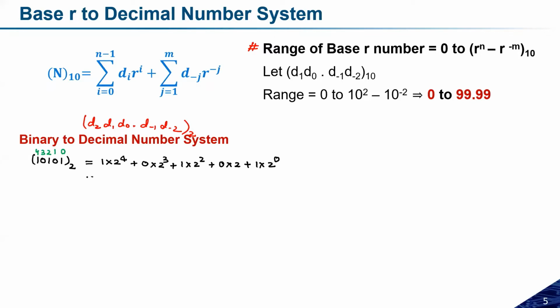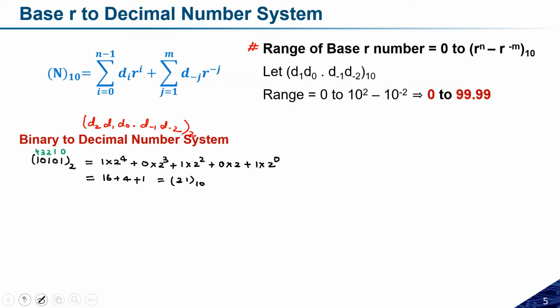If you convert into decimal, this will become 16, plus 0, plus 4, plus 1. So the number will be 21 to the base 10. This is how we convert the binary number system into the decimal number system, and this is easily doable.